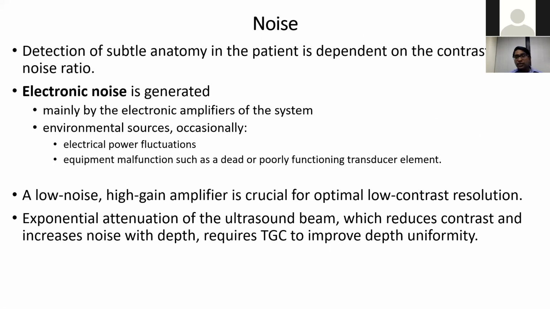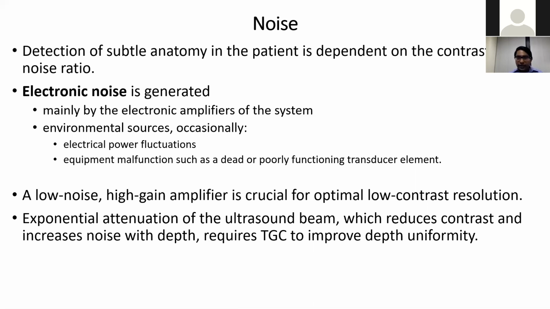One of the challenges that ultrasound faces is noise, and there is a lot of electronic noise that is present, and we have to make effort to lower that noise. If you recall, I mentioned that we use amplifiers which are low noise amplifiers, and that is one of the efforts to reduce the noise present inside the medium.